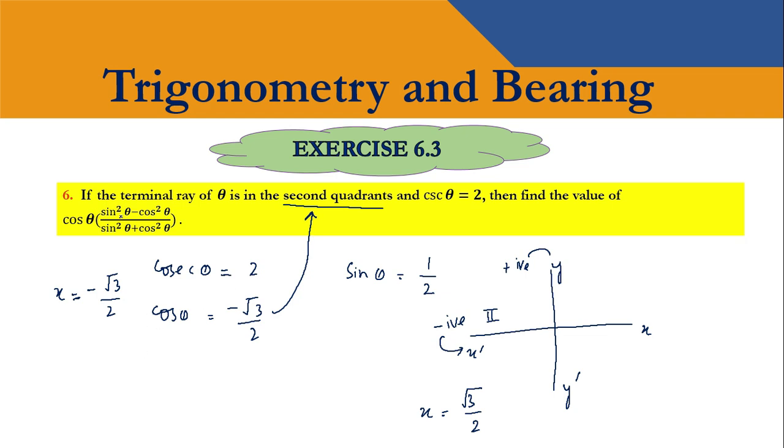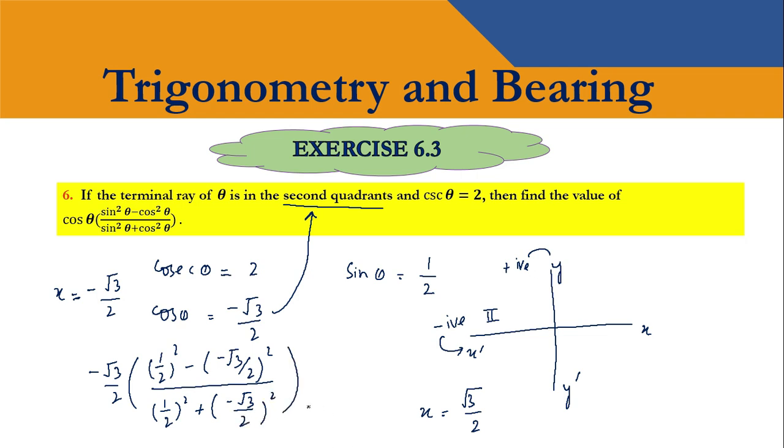Now the value of sin theta is 1 over 2, and the value of cos theta is negative root 3 by 2. So now we will put the values in this expression to evaluate it. Cos theta is equal to negative root 3 by 2, into sine square theta, 1 over 2 square, minus negative root 3 divided by 2 square divided by sine square theta, which is 1 over 2 square, plus the remaining term.